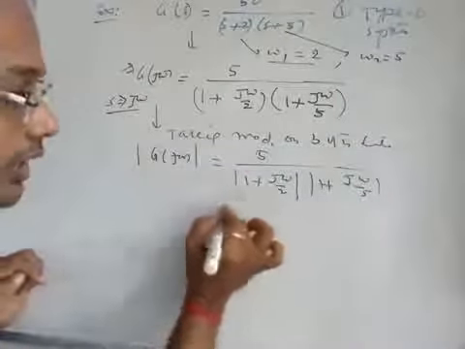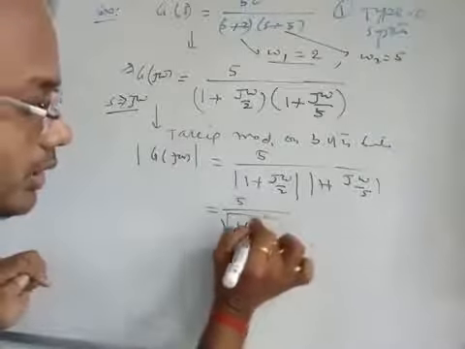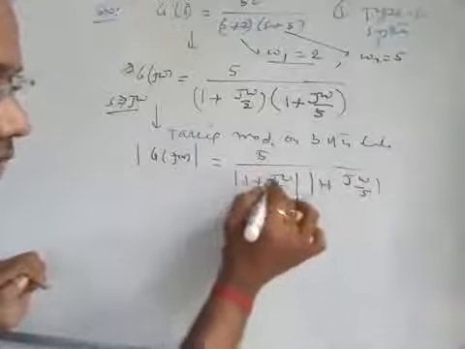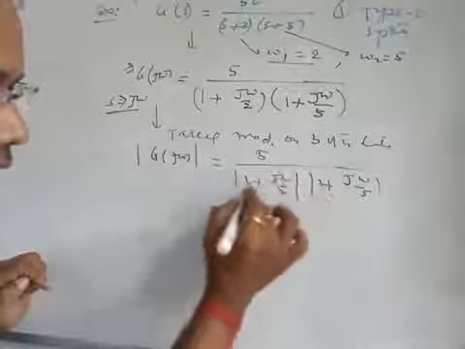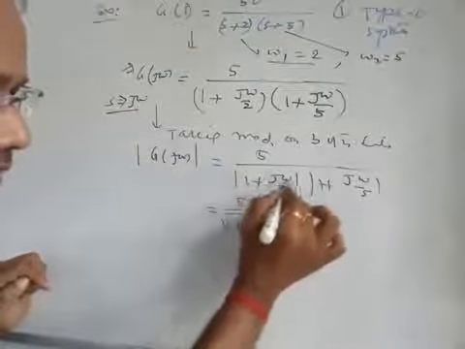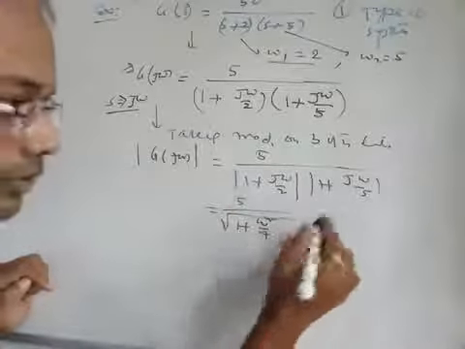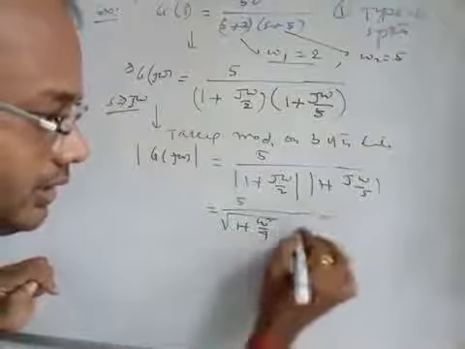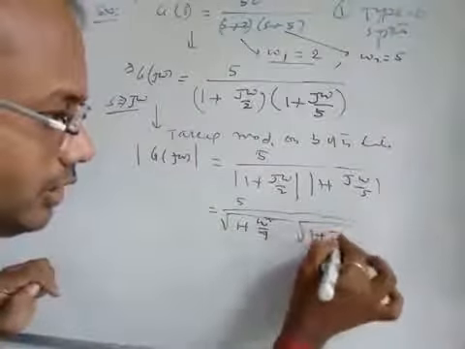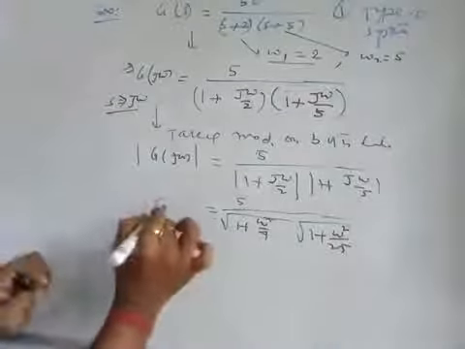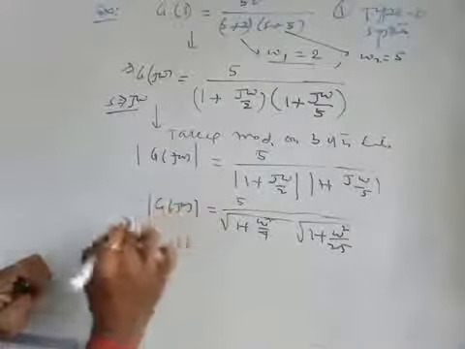That means 5 by root over of real square plus imaginary square. The real part gives 1 squared, plus the imaginary coefficient omega by 2 squared, so this is omega square by 4, and likewise 1 plus omega square by 25. So this is mod of G(j omega).